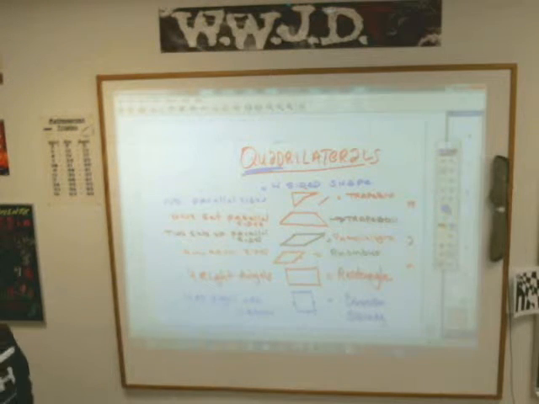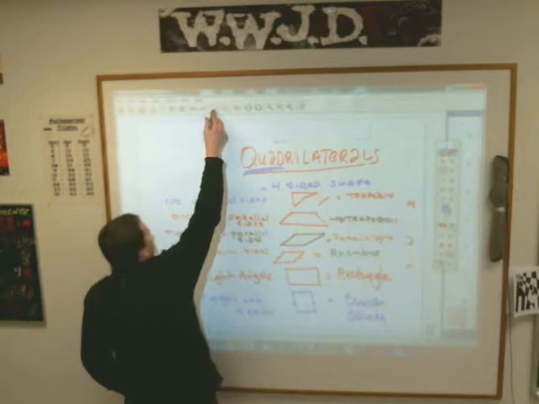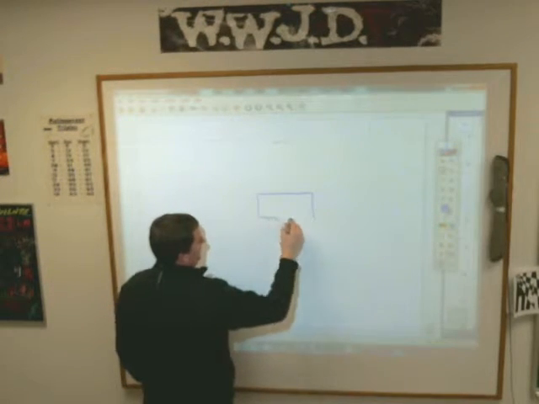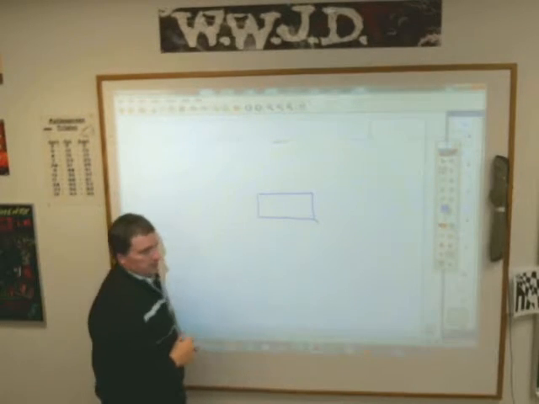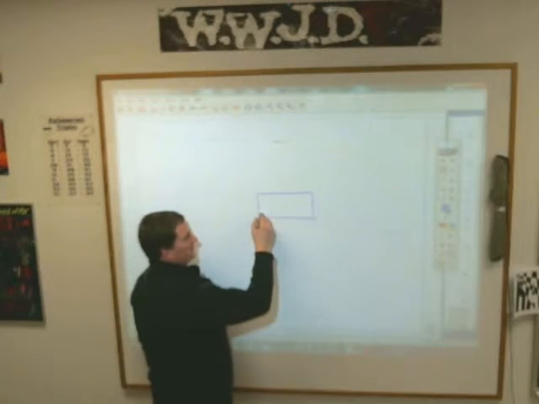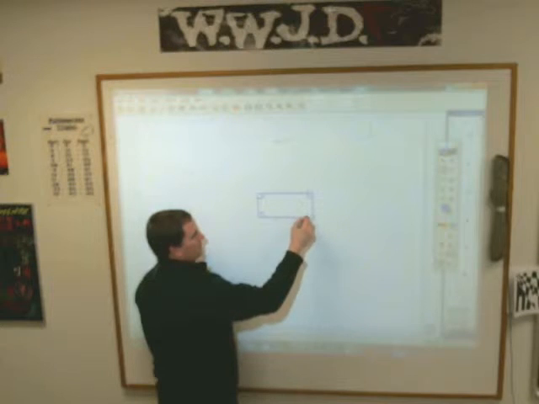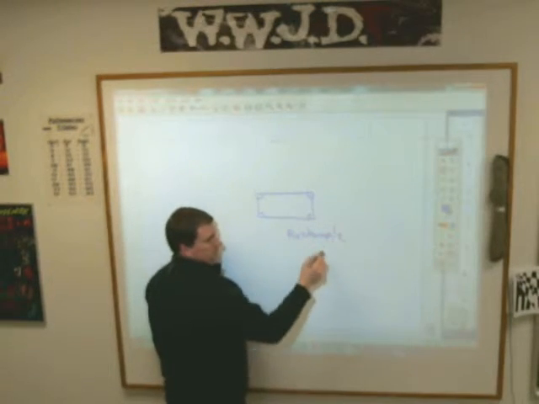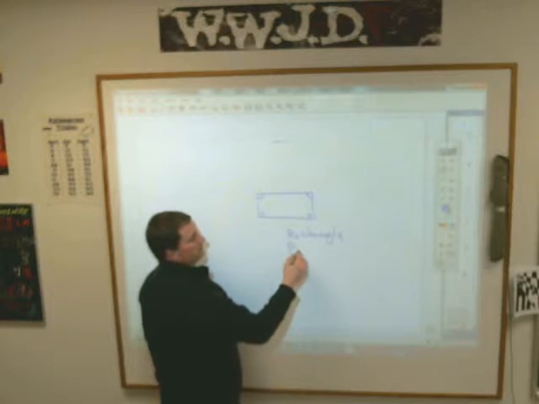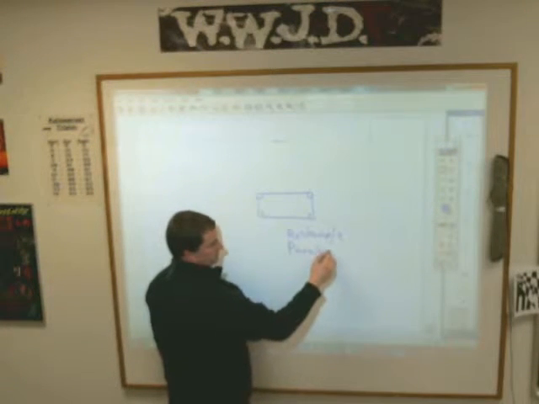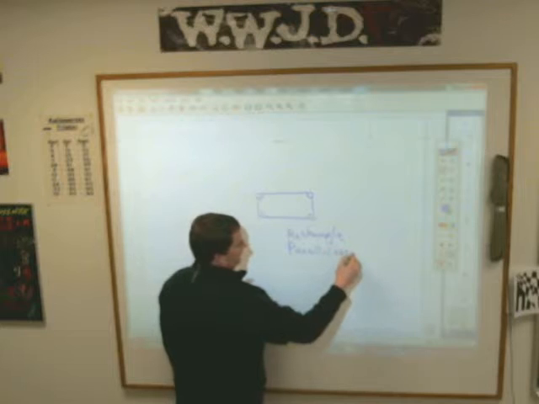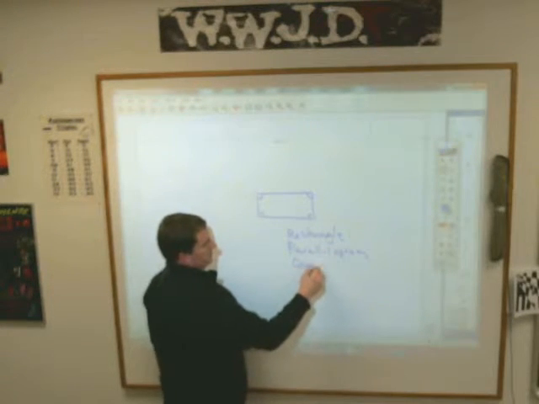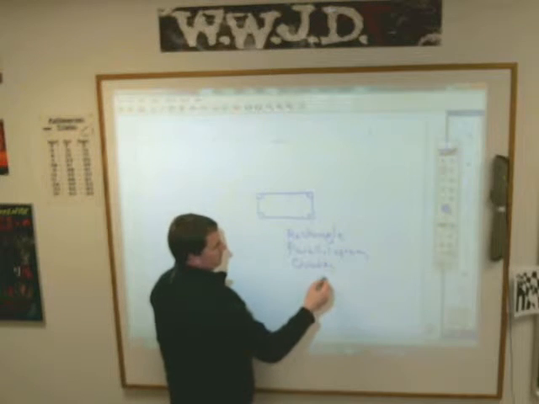So if you're given a shape that looks like this, and they say, list all the names that apply to it, yes, most specifically, this is a rectangle, but it is also a, Jacob, parallelogram. And if they don't tell you, it is also a quadrilateral. Not a rhombus because it doesn't have 4 equal sides.